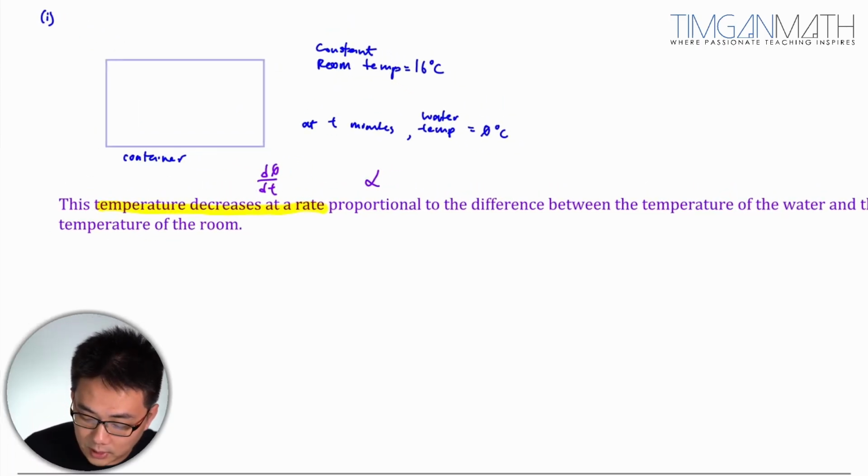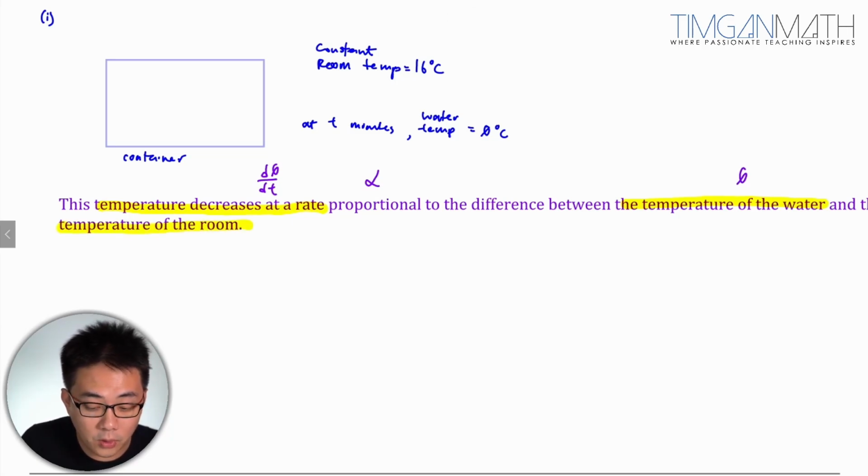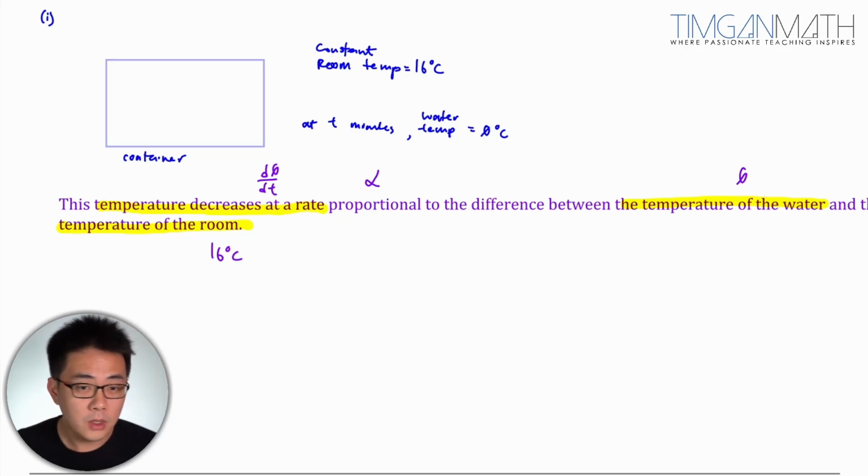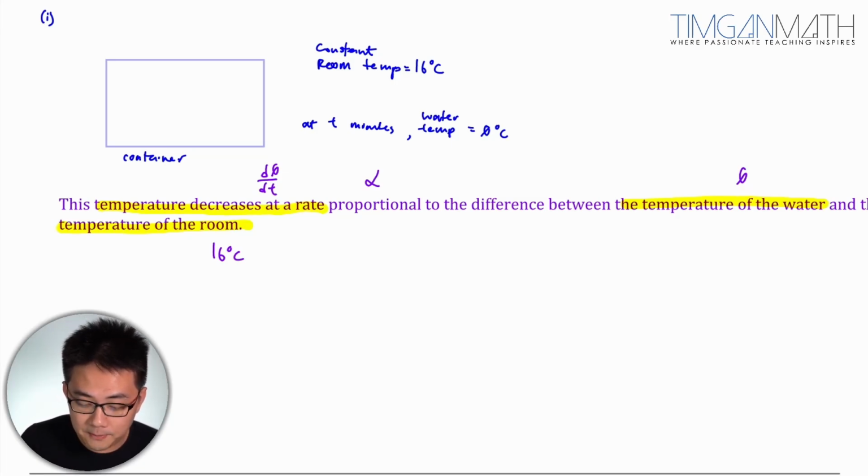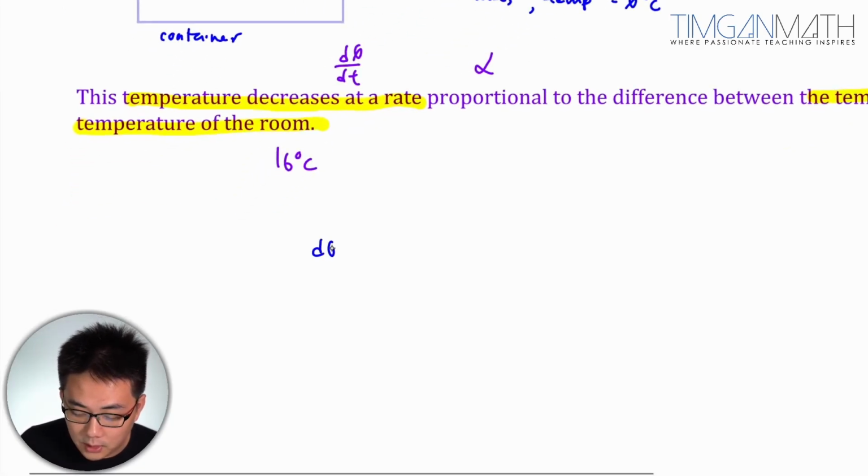The difference between the temperature of the water, which is theta, and the temperature of the room, which is held constant at 16 degrees. Okay, so this is a pretty standard question, which you've seen and we've done many times during lessons.